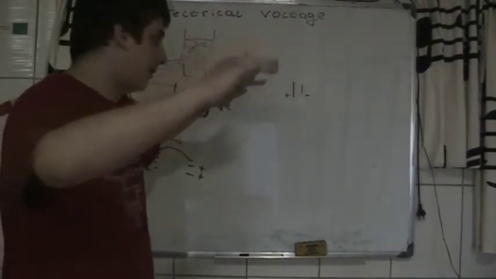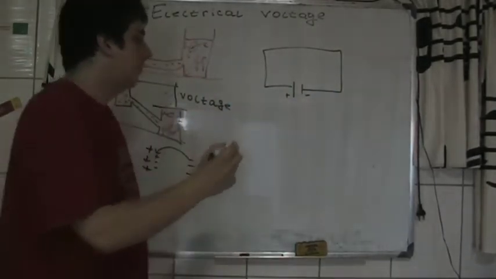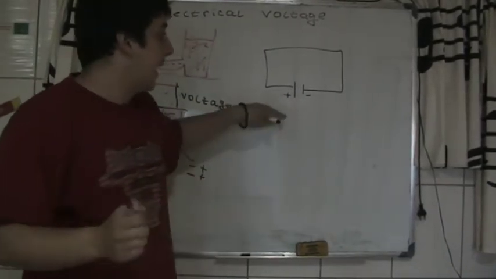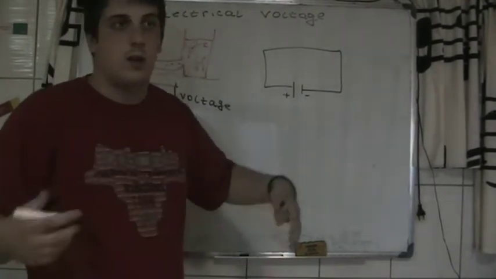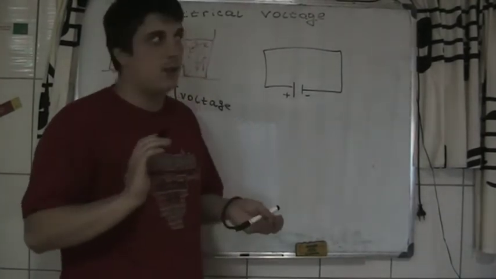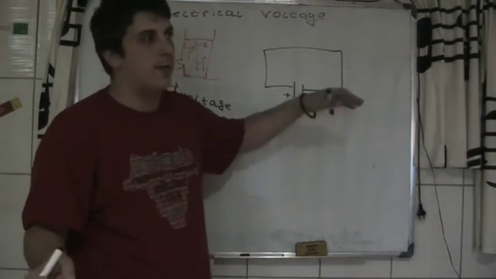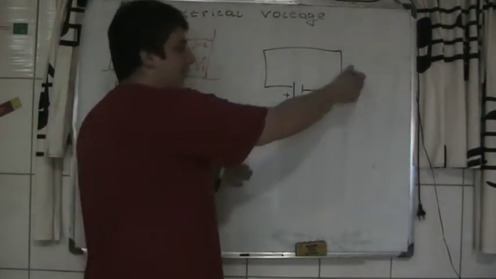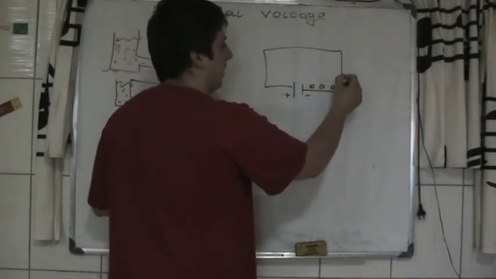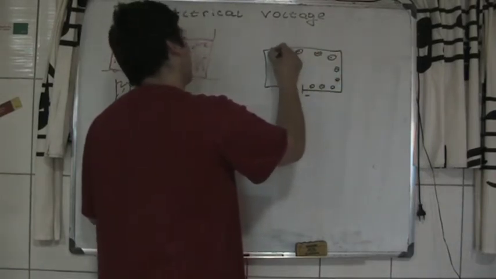So we put a conductor over here, and a conductor is a material that has a lot of free electrons, capable of flow of electrons. Here, minus, minus, minus. Electrons are negatively charged.